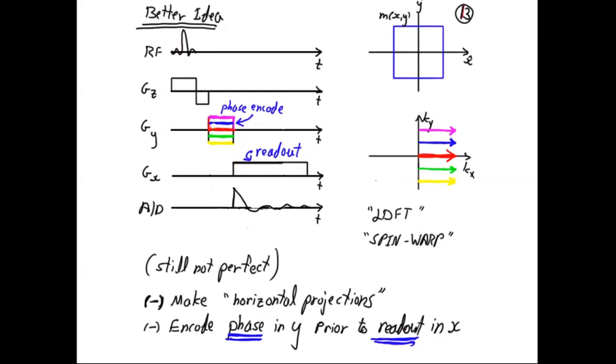That would correspond to, again, the same thing as before, collecting this radial line, right? But what if before I do this, I apply a y gradient with a certain time? If I apply this, what would happen is that from this time point to this time point, I will travel in the two-dimensional Fourier transform of the object up to here.